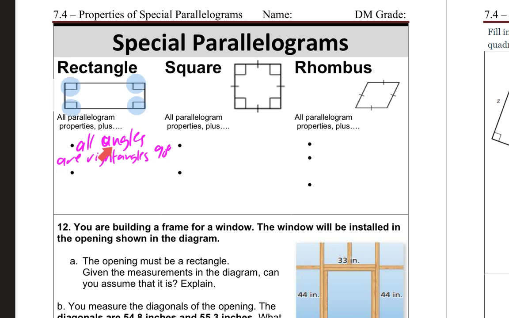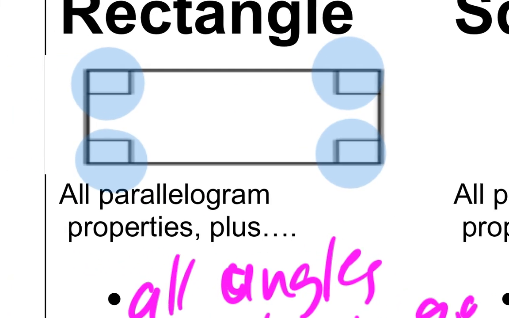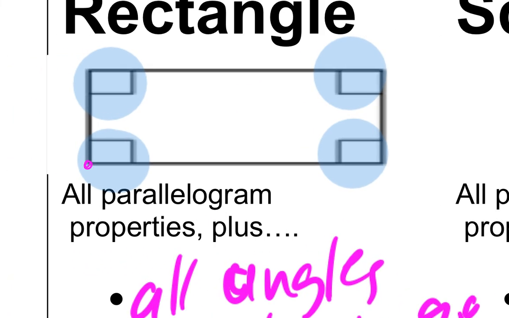Now not only are all four right angles, the diagonals are congruent. We know congruent means the same length. A diagonal goes from one corner across to the other corner, so let's draw in that diagonal. And if we go from here to here, that's a diagonal.